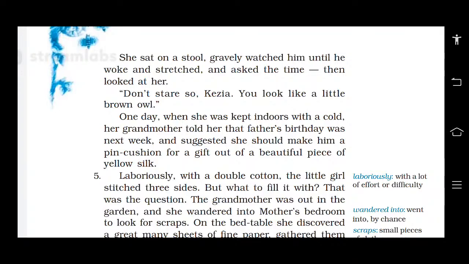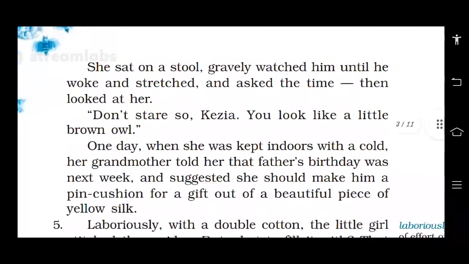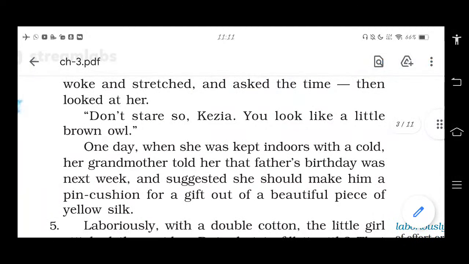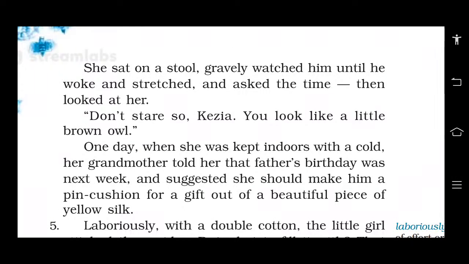She sat on the stool gravely. See that, gravely. What is the meaning of gravely? This is what I told, subjective comprehension. If we go through such passages, that is why reading is important for learning language, especially the English language. If you have a good habit of reading, by reading itself you can improve a lot.